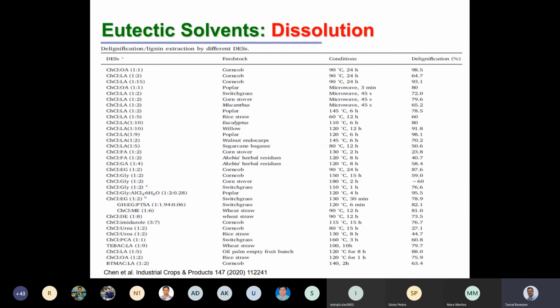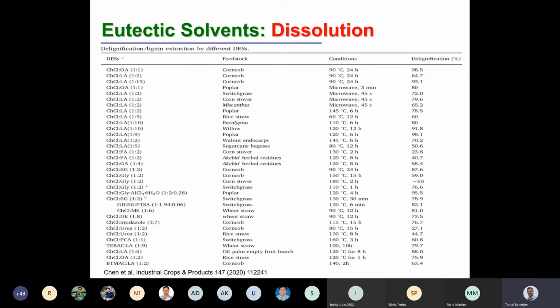So you see basically choline chloride-based eutectic solvents being used in this case with temperatures below 100 degrees.